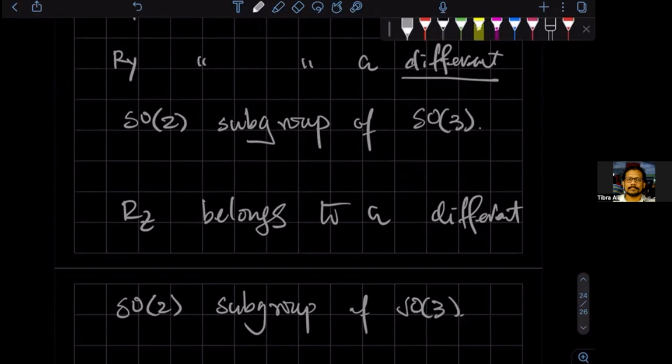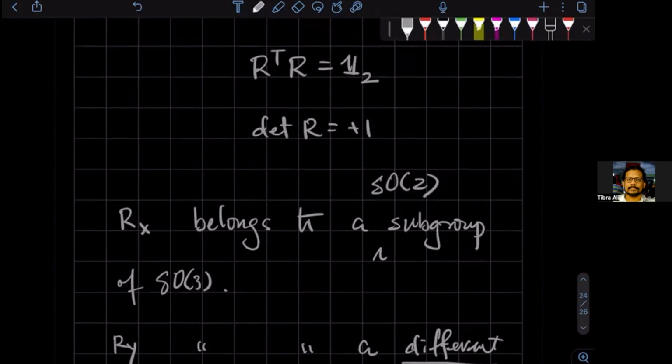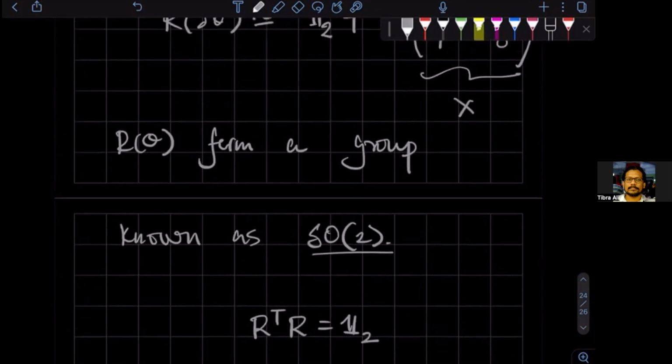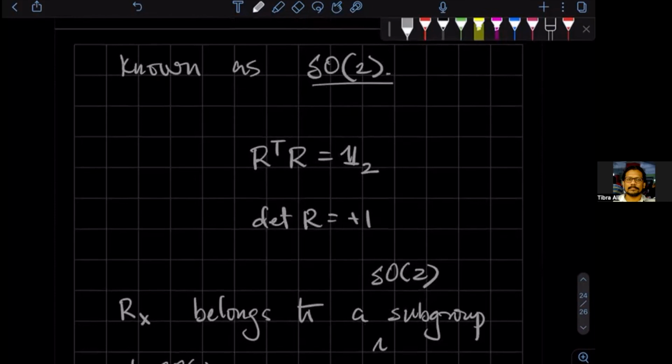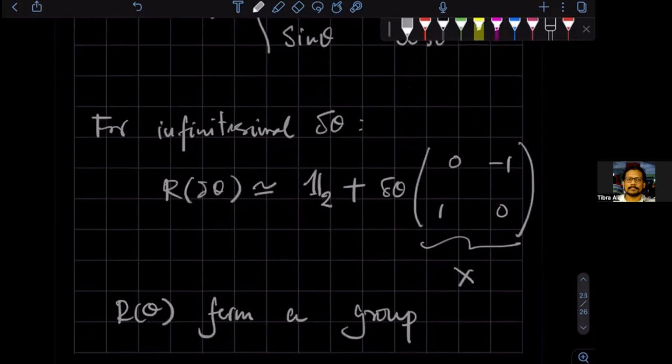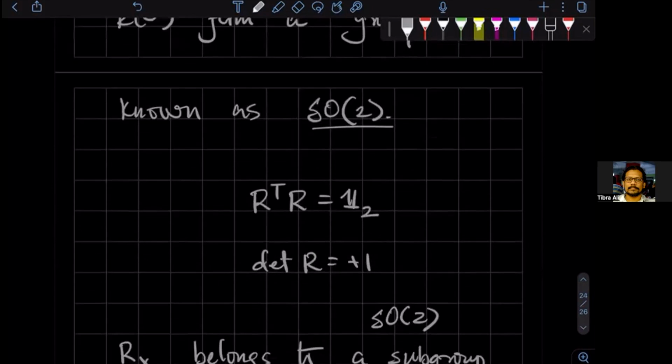Is it clear? If so, why? If not, why not? Sir, so what is really the notion of an SO2 subgroup of SO3? Right. So SO2 is basically a group of 2 by 2 matrices which satisfy this thing.